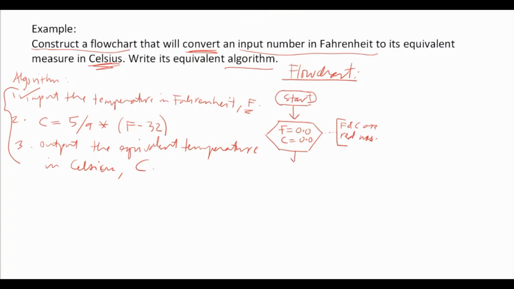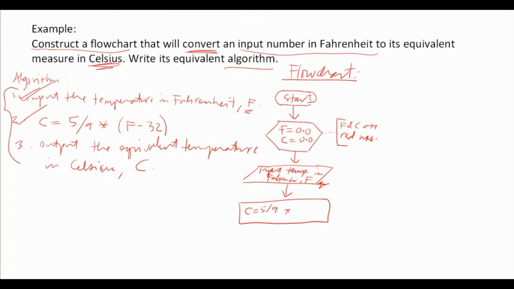And then after we initialize, the first thing we do is input. So parallelogram for the input symbol, we say input temperature in Fahrenheit, and we call that F. After we input, this is a process, so we use a rectangle symbol, and we say C is computed this way: 5 divided by 9 times F minus 32.